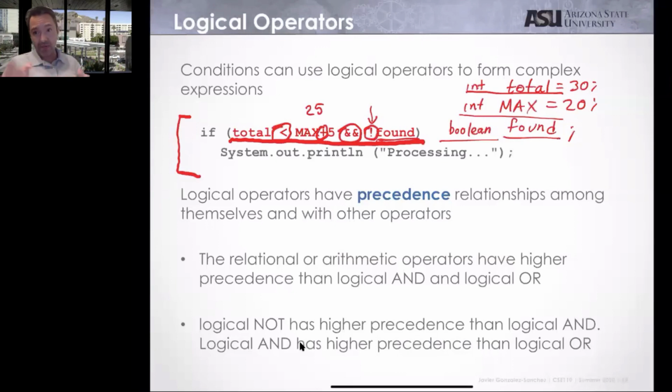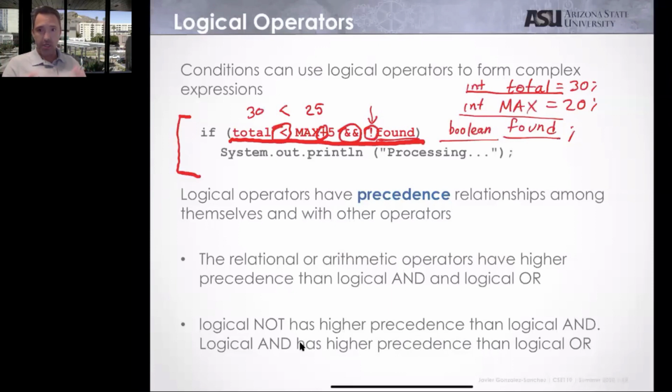Which is the next operator that I am going to run? The relational, because relational operators have a higher precedence than the logic. The logic are the last ones. Okay, so minus. What I am going to evaluate is total. Total is 30 and is lower than 25. It's a relational operator. It's going to give me as a result true or false. And in this case, the result is going to be false, right?